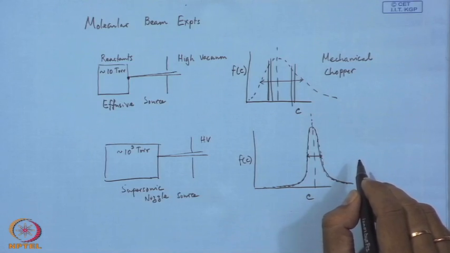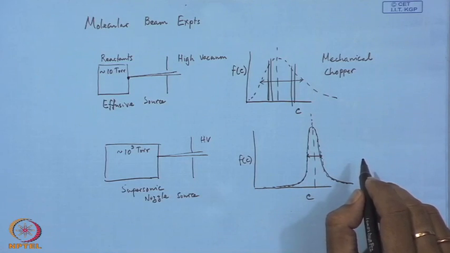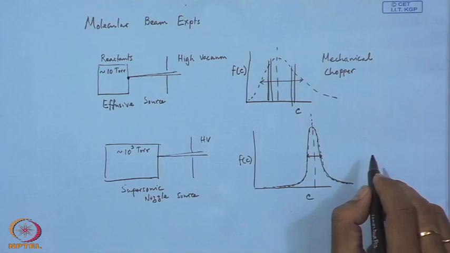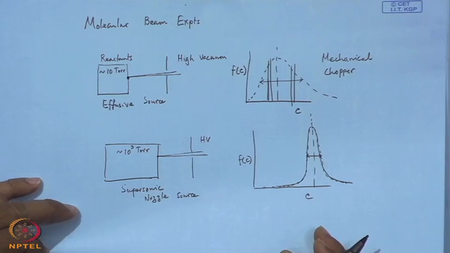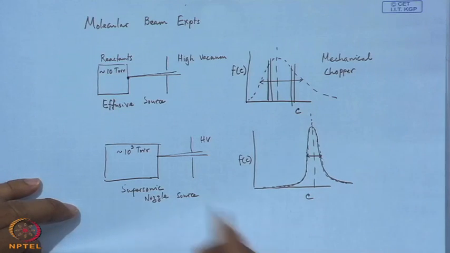Okay. Next, what can we measure from such an arrangement, I mean a molecular beam experiment? What is the net aim of using such a molecular beam arrangement, where in one case you use an effusive source, in another case you use a supersonic nozzle source?